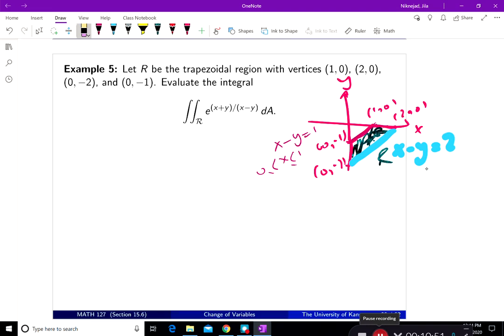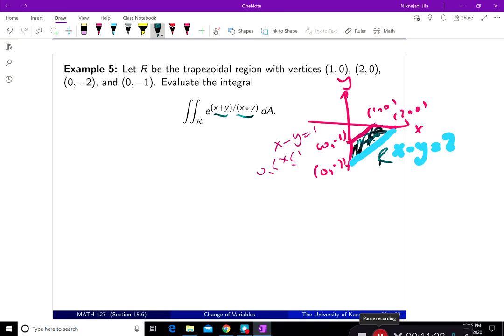Now, the next question is, how can I make this so I can find the antiderivative? The reason you can't find the antiderivative in an elementary form is because when I'm taking the derivative with respect to x or y, both the numerator and the denominator of the function inside the exponential contain x and contain y.